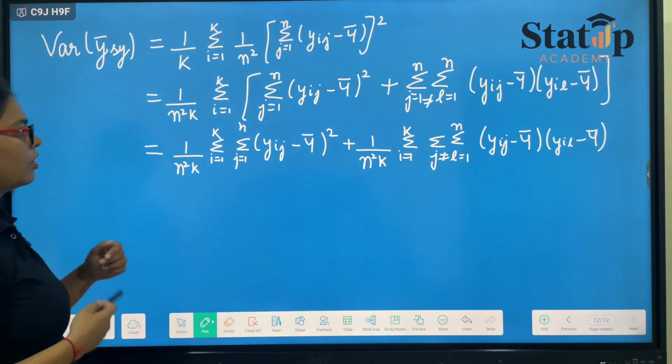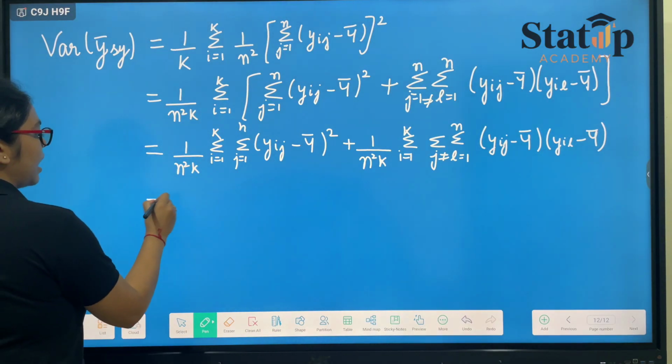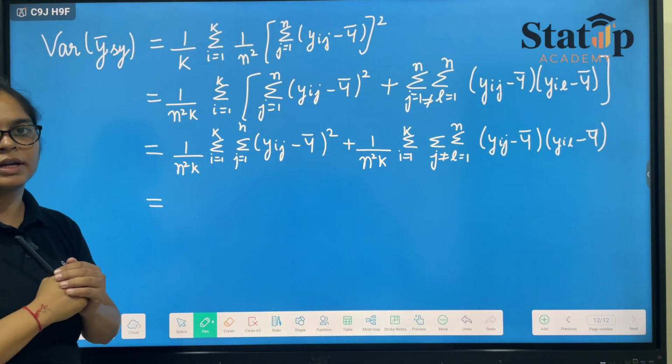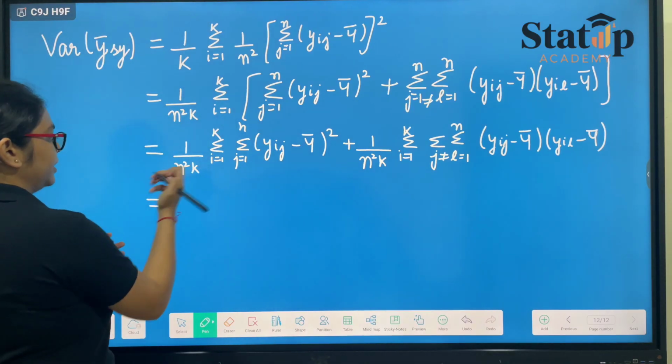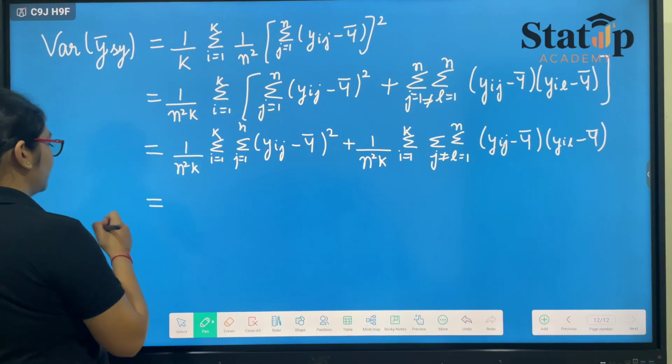So this first thing, we all know, is nothing but our variance of simple random sampling without replacement with an extra k, with an extra n.